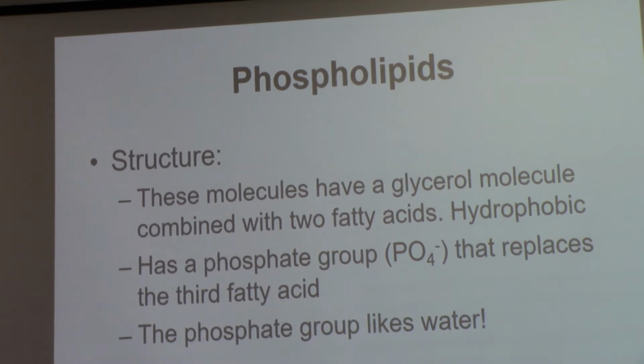By adding this phosphate, it turns a triglyceride, which is completely nonpolar and insoluble in water, into a partly soluble molecule. That's because phosphates are polar and will be attracted to water. So you're going to see a similar structure to what soap forms, that phospholipids could form as well.